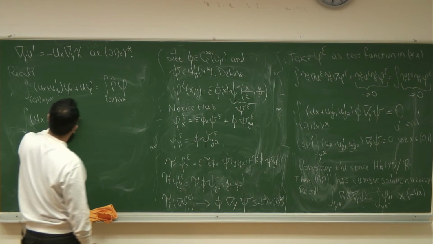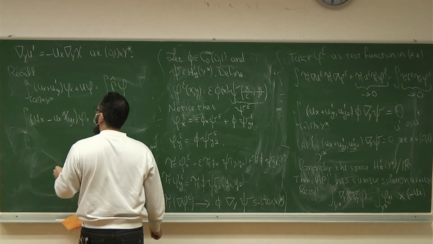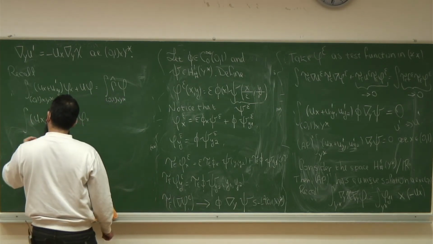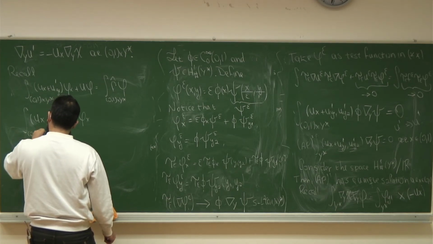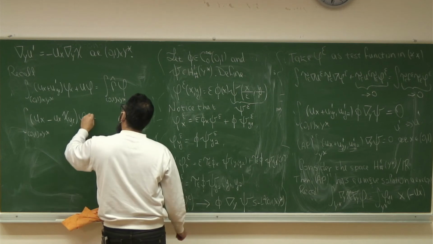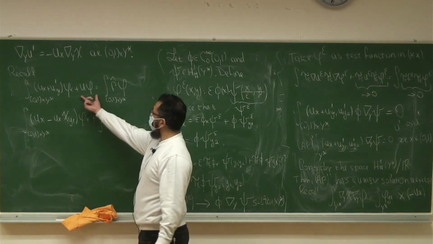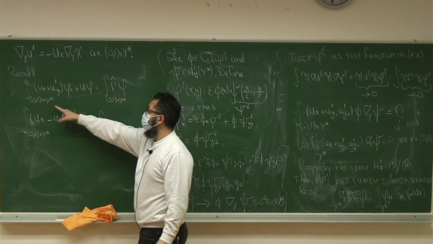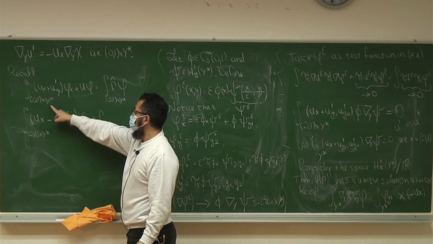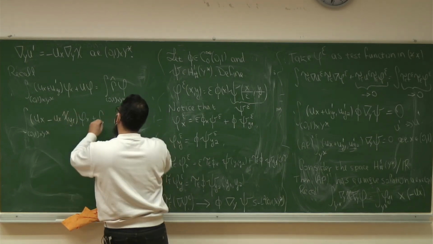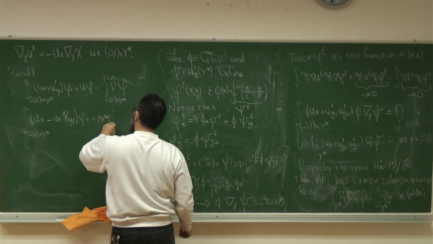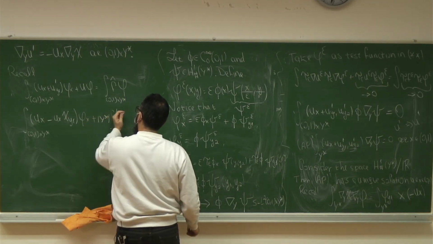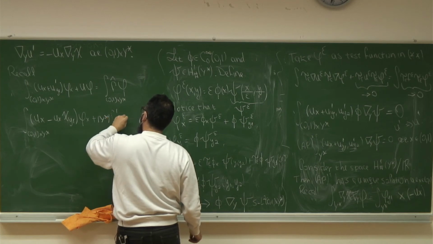plus. Notice that both functions do not depend on the variables of y star. Then we can put the measure of y star outside, and we have u phi.